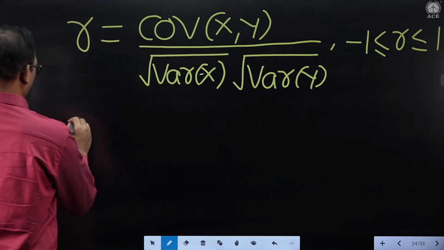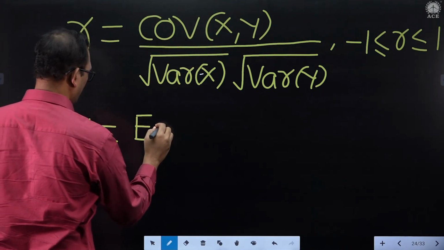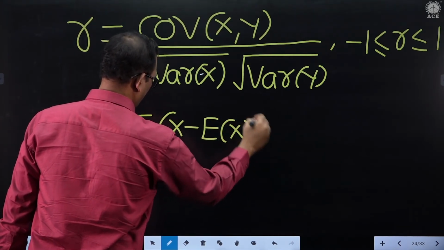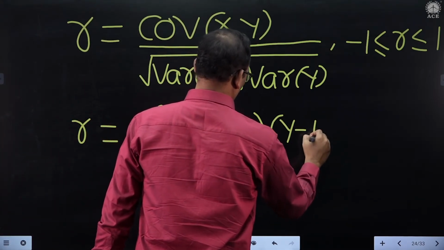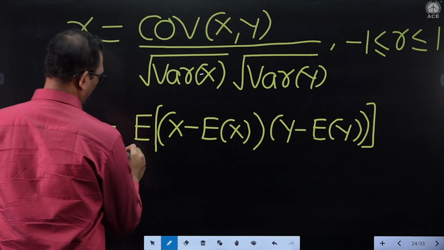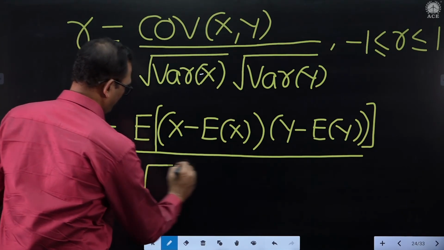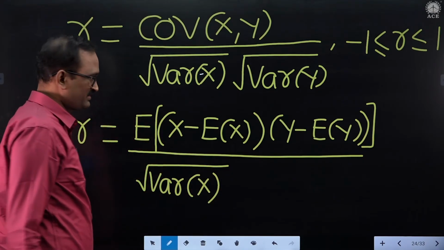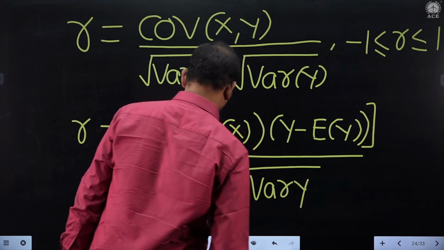Now R is equal to covariance of x comma y by definition, E of (x minus E of x)(y minus E of y) by square root of variance of x into variance of y.